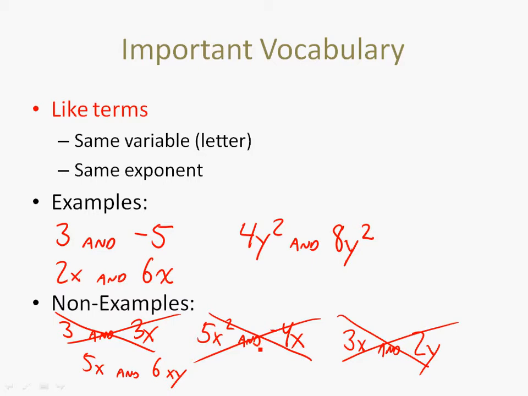Well, you might be thinking, hey, they both have an x. However, because this xy is there and they're touching each other, those are not going to be like terms either. So you've got to have the same letter, you've got to have the same exponent.